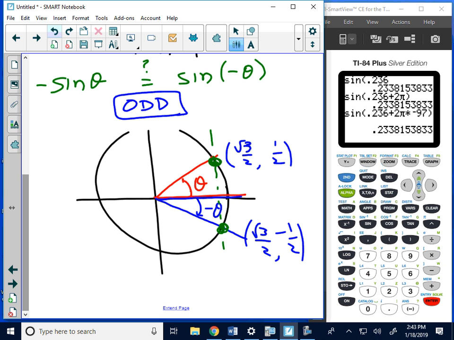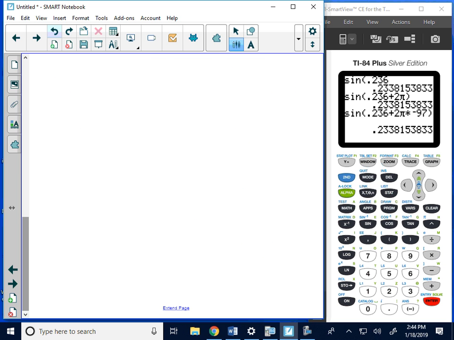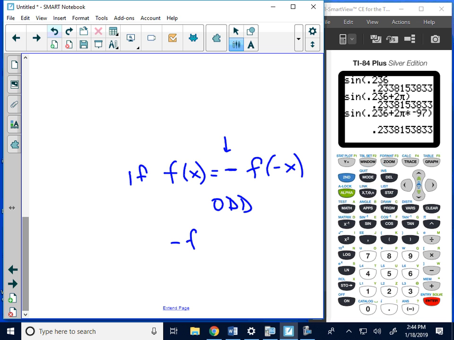The definition of an odd function is if f of negative x equals negative f of x, that's odd. Now, whether you put the negative sign there or here, it doesn't matter. Sometimes you'll see it this way. Anybody, get a bonus point: find the page number where the definition of odd function is.